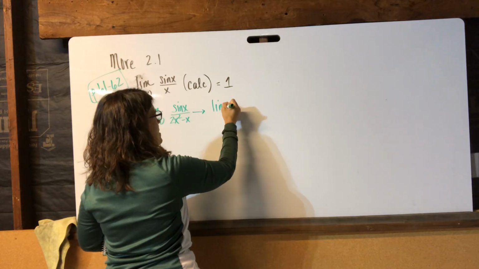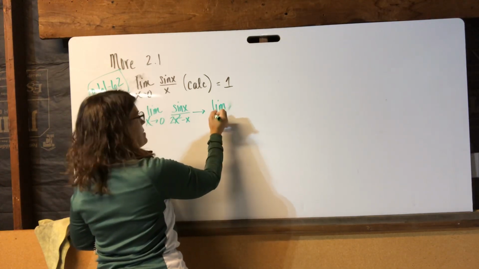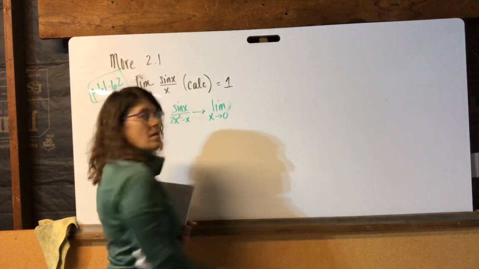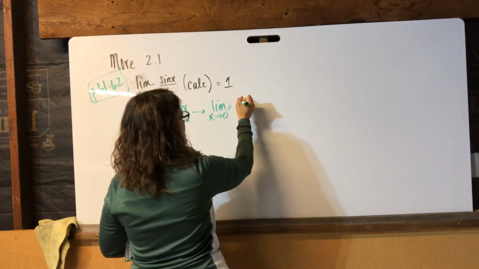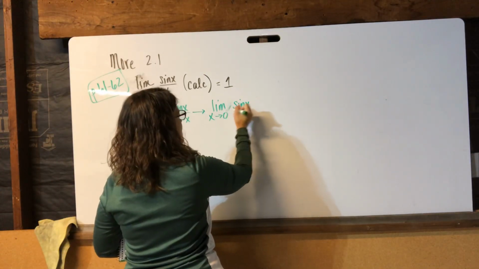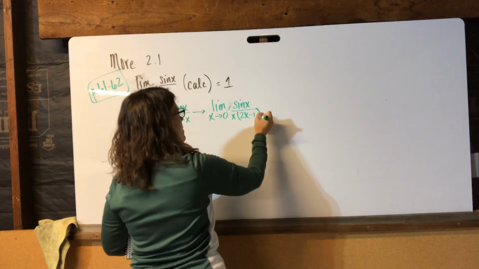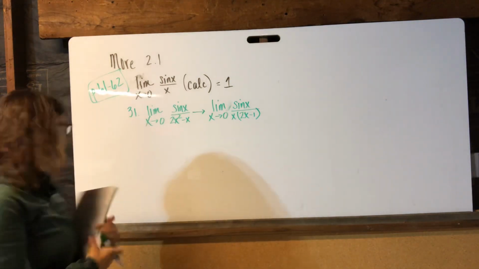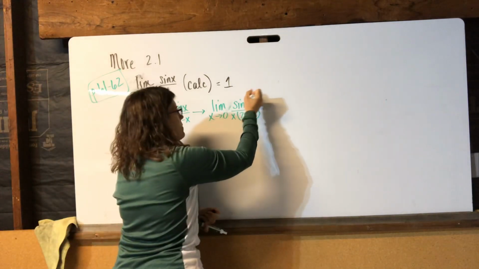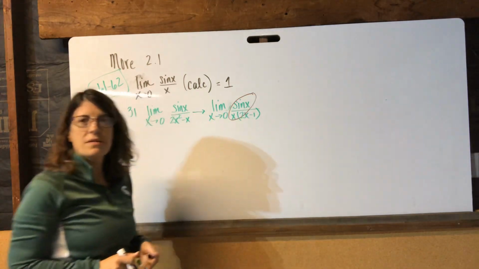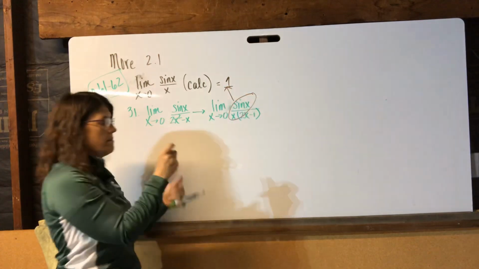I'm going to look at this as the limit as x approaches 0, and I'm going to separate this into a product, which is going to be the sine of x over, first let's factor. First we're going to factor, and then the sine of x over x, which we just did right here.